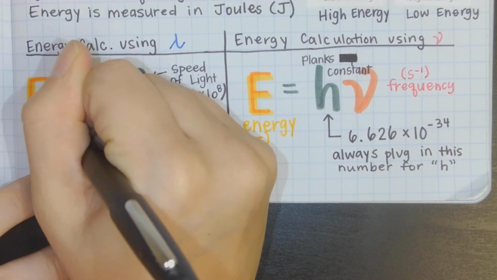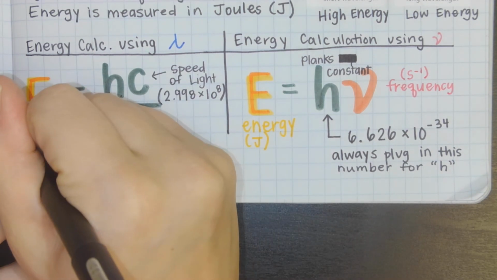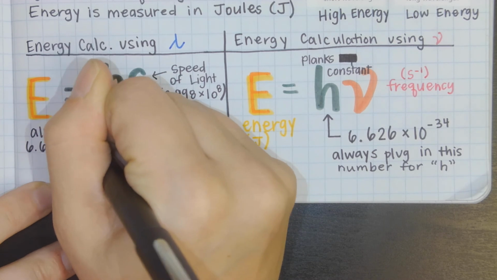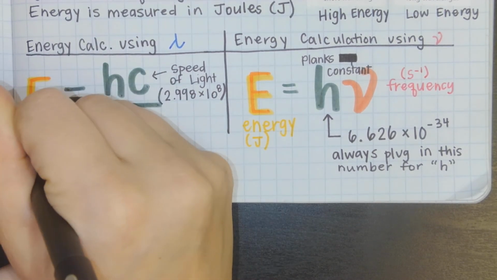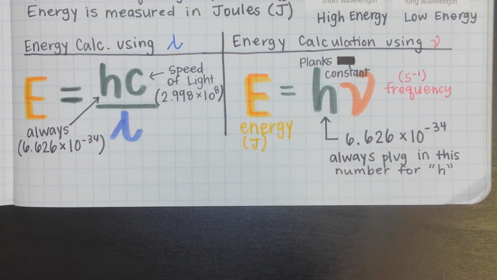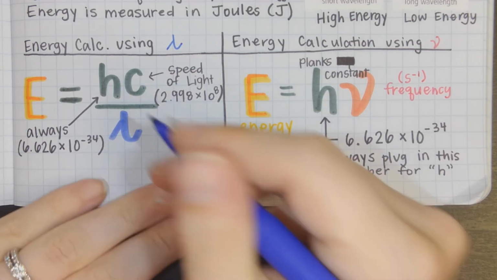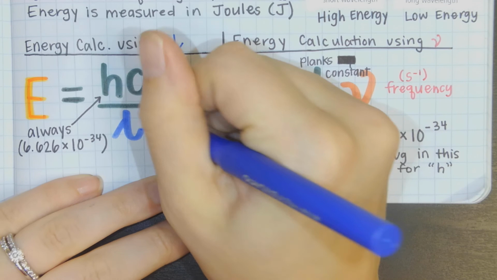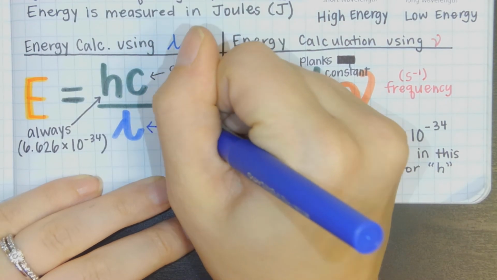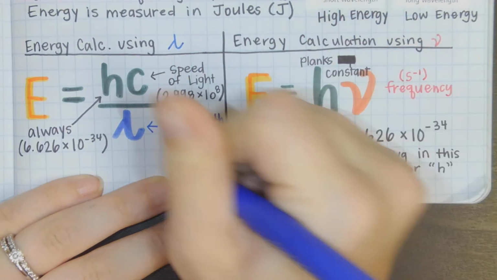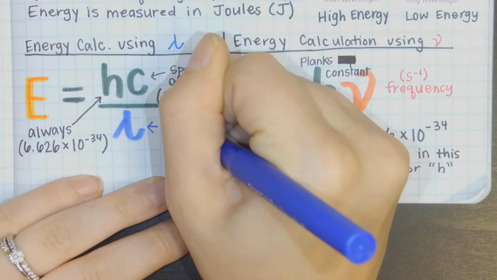This one's always going to be 6.626 times 10 to the negative 34. And the wavelength, we plug in meters.